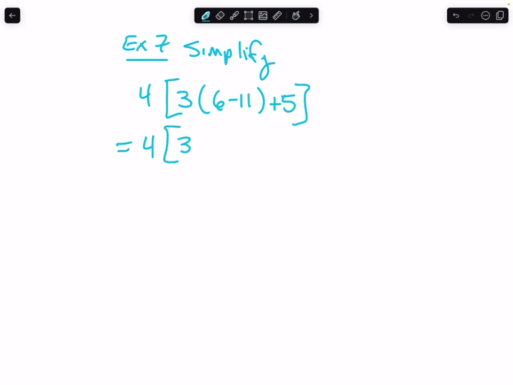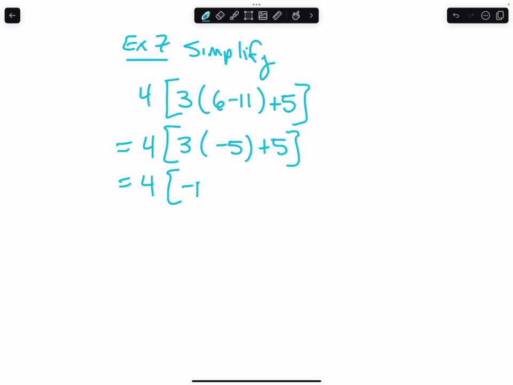6 minus 11 is the first operation, which is -5. And now all we have left are the brackets because there are no operations inside the inside set of parentheses. So we have 3 times -5. We do multiplication and division before addition. So 3 times -5 is -15.